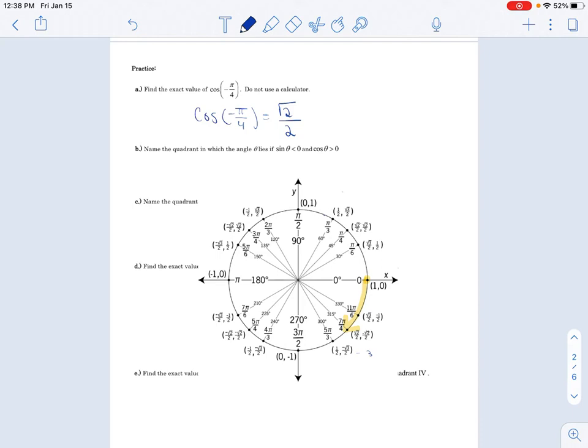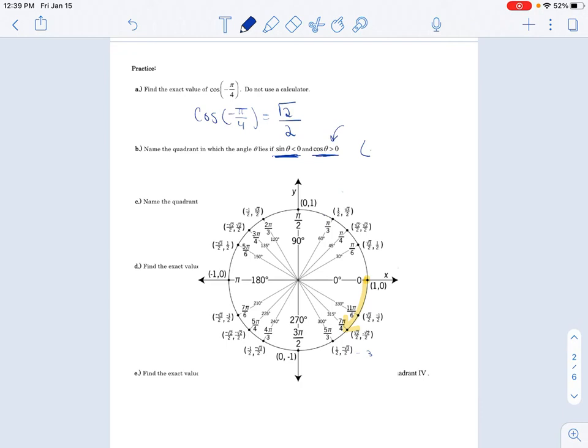Now B says, name the quadrant in which the angle theta lies if your sines are negative. That's what that says. Sine of theta is less than 0, and cosine of theta is greater than 0, so that's positive. So let me ask you again. Cosine, is it attached to your x or your y? Well, it's attached to your x.